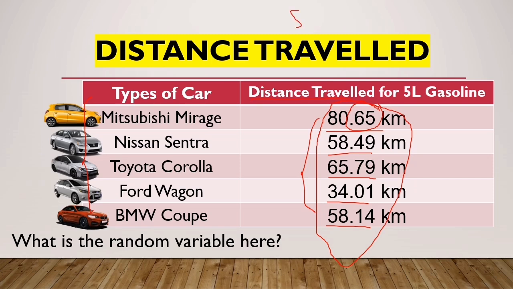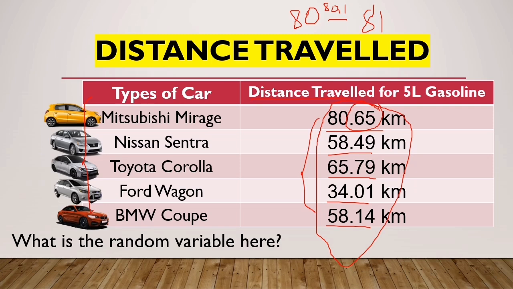Example, let's take 80 to 81 kilometers. Between these two numbers, there are also values. For example, you can have 80.1, 80.2, 80.3, 80.4, 80.11, 80.12, 80.22, and so on.